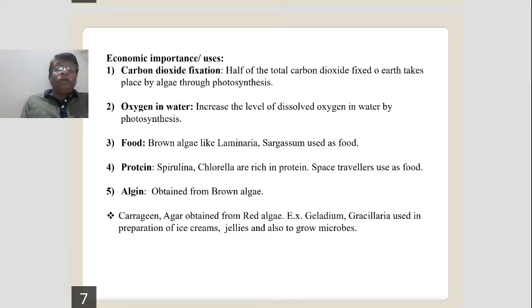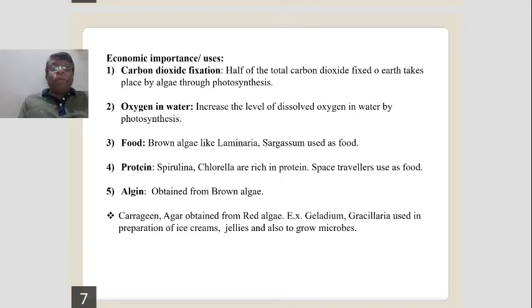Sargassum also belongs to the Phaeophyceae, a brown alga used as a food. Japanese used sargassum as vegetable under the name kombu. So sargassum is used as food.